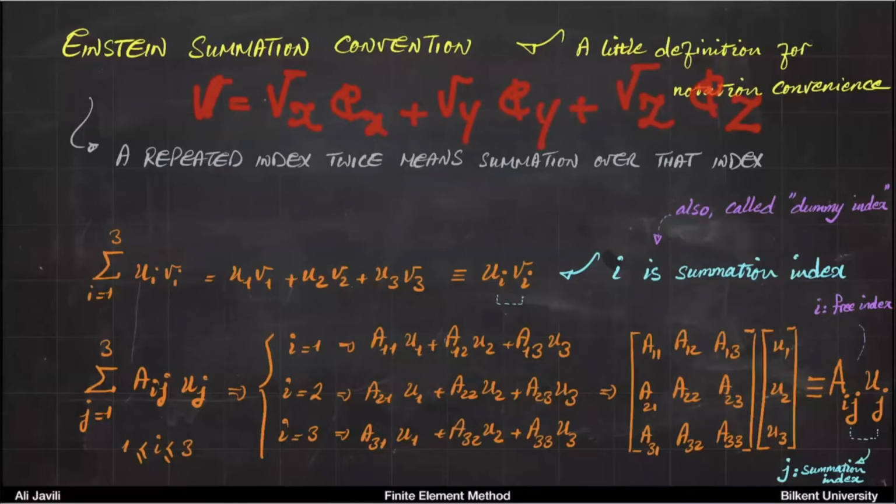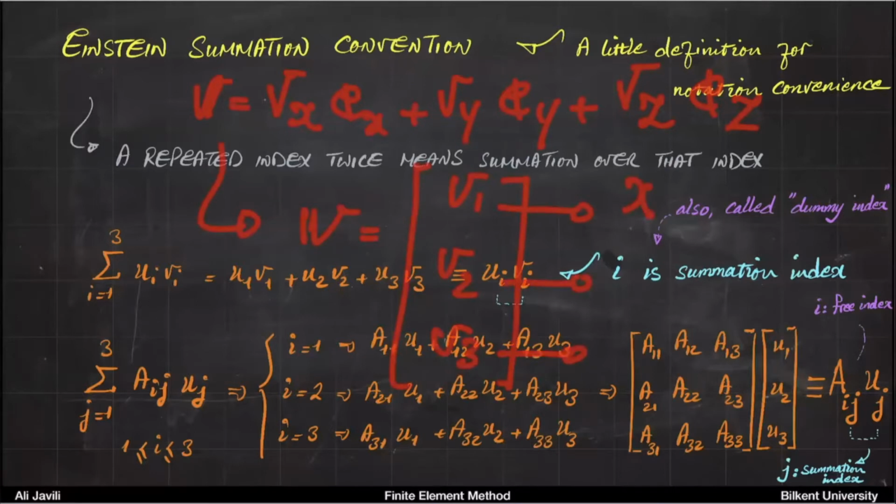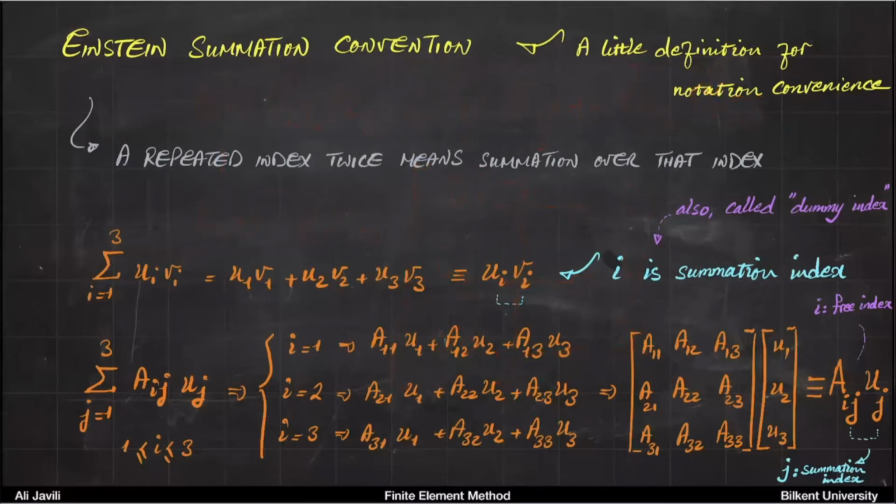So instead of that, if you just write it in terms of its components, so v1, v2, v3, now 1 and 2 and 3 correspond to the x, y and z directions. Okay, so this is the idea.